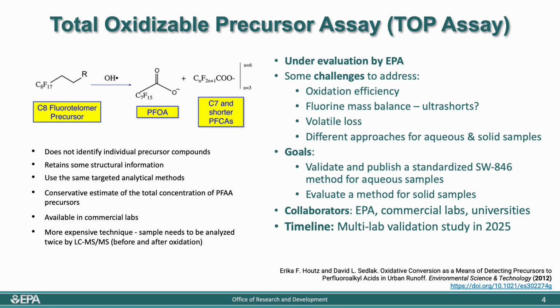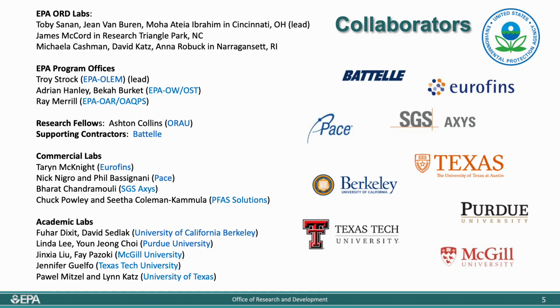And this is an effort that is only possible with a bunch of different collaborators. So we're talking to the labs who developed the TOP assay, the people who've been using it for years and years now, like the commercial labs, other people who've done some research into alternative methods for the TOP assay to see what is the consensus coming out of the research community of how do we actually make this reproducible.